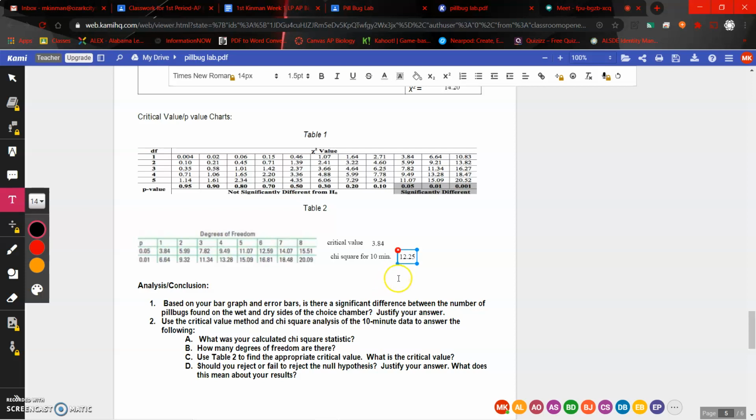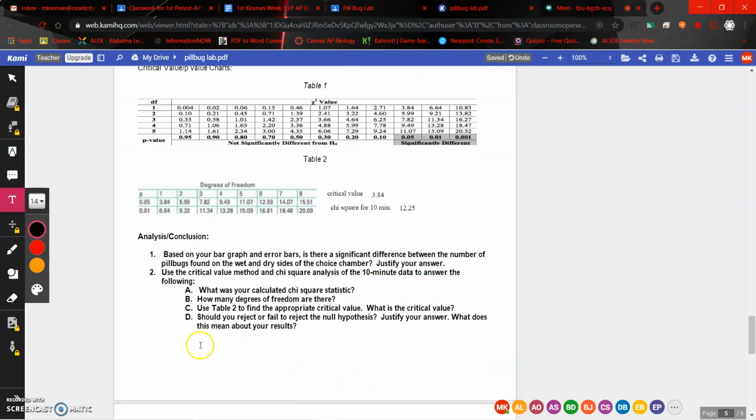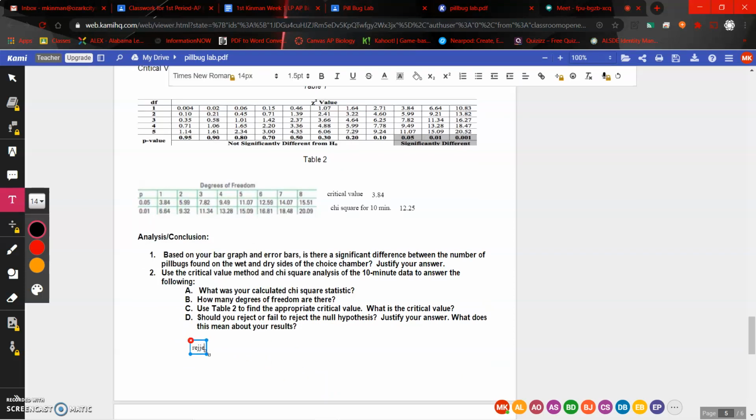Okay, so now what? Should we reject or fail to reject the null hypothesis? Well, my chi-square is greater than the critical value, so then I get to reject the null hypothesis. So I get to reject.